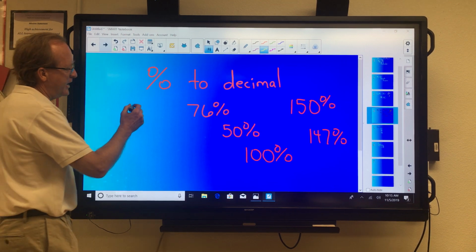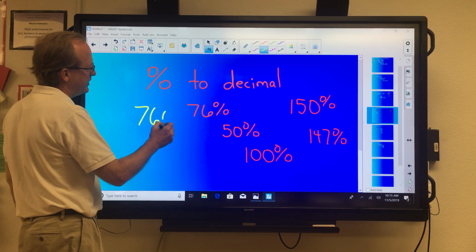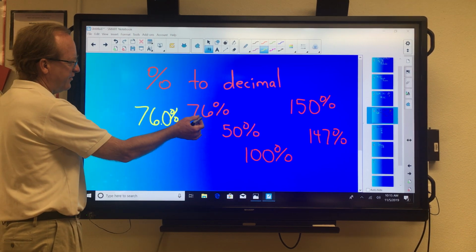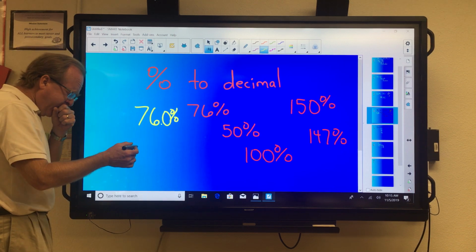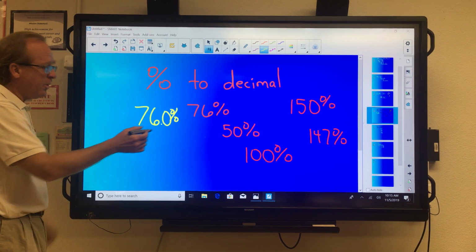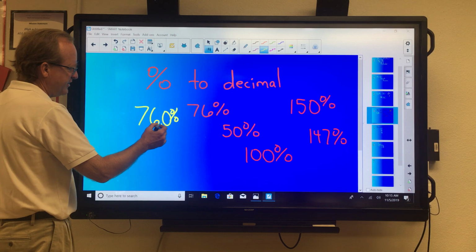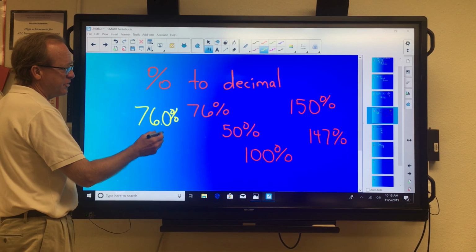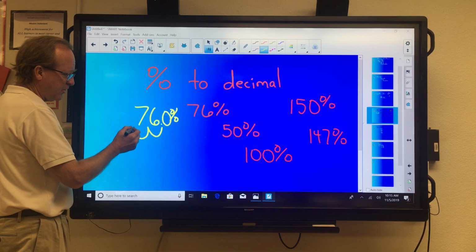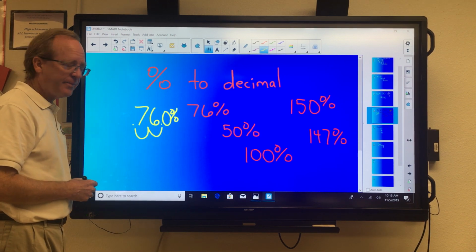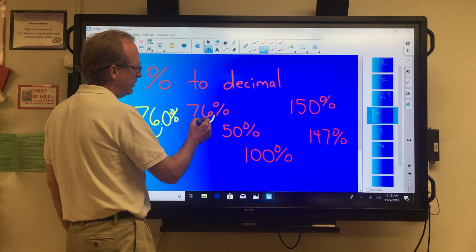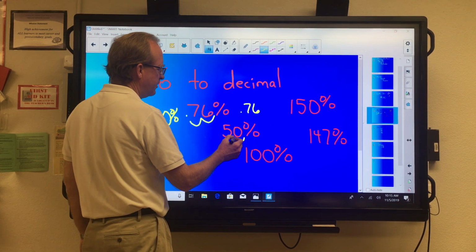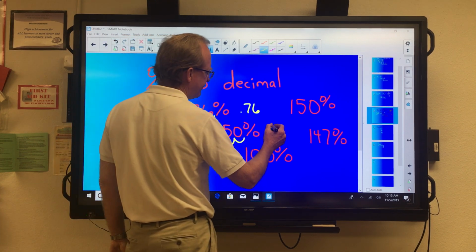And the way you do that is you think to yourself that a percent, 76% for example, can be expressed as 76.0. To convert it to a decimal, you make a move. Here's your move. Take your decimal and move it 2 to the left. So, 1, 2, 0.76. 1, 2, 0.50.